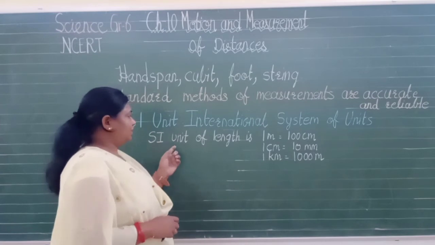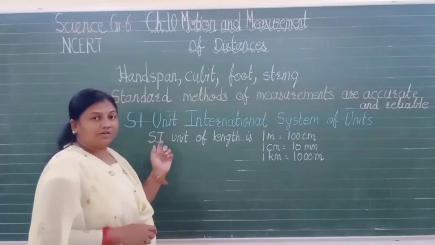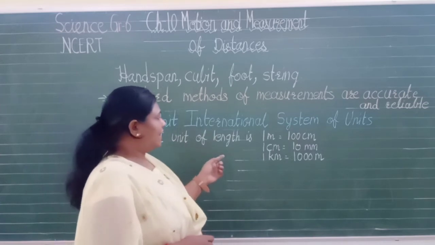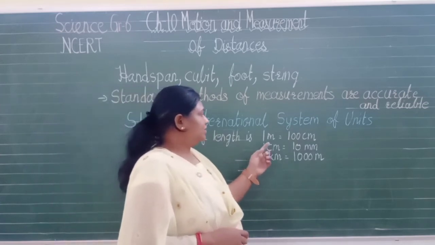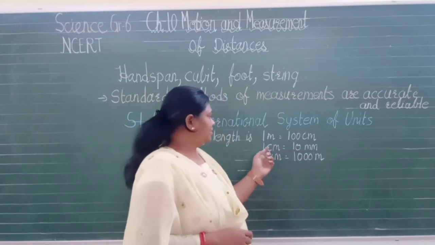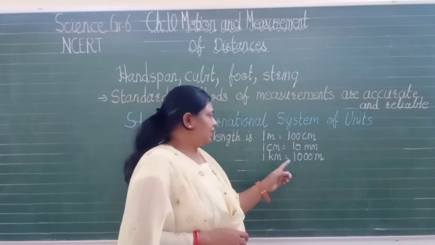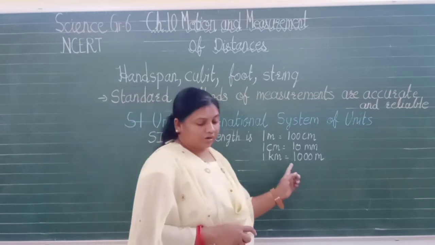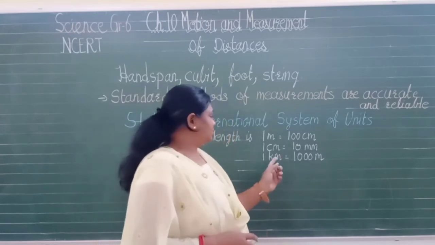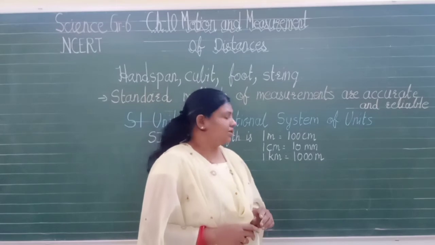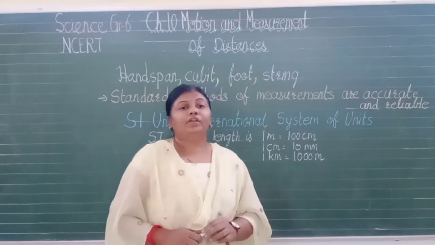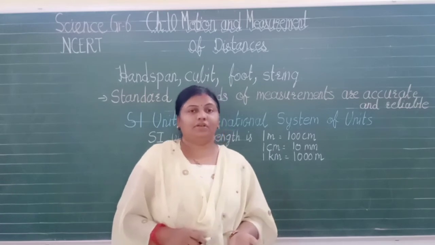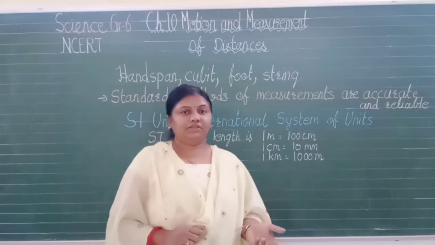Now SI unit is an international system of units, and the SI unit of length: 1 meter is equal to 100 centimeter, 1 centimeter is equal to 10 mm, and 1 kilometer is equal to 1000 meter, isn't it? Okay. Now, a smaller length can be measured with the help of centimeter. But what about a larger distance?